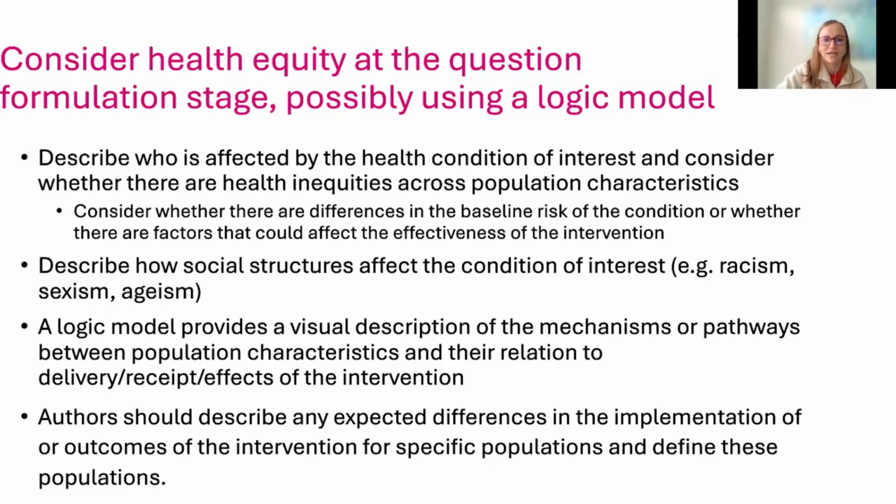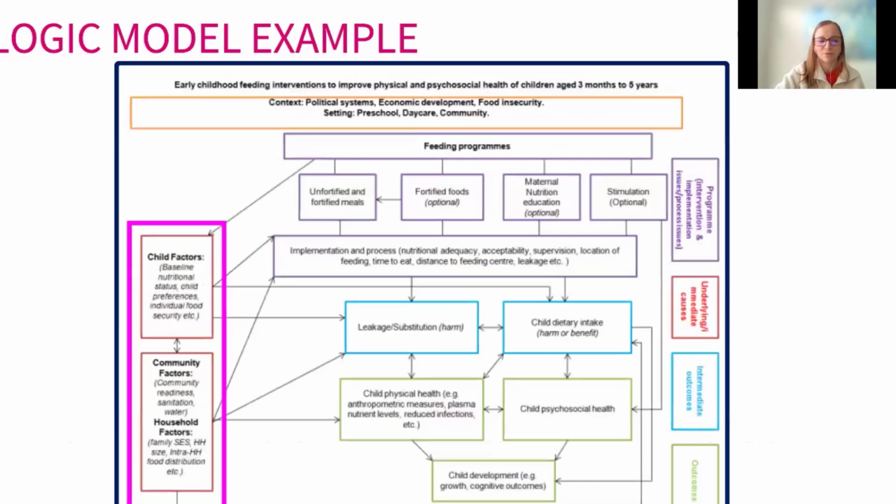So I do have an example. This is an example of a logic model. It's pretty complicated, this example, but you can see that on the left side here, we've got some child factors and community factors that relate to health equity. And this logic model shows how these authors thought that these could influence the health outcomes and the mechanism of action of the intervention.